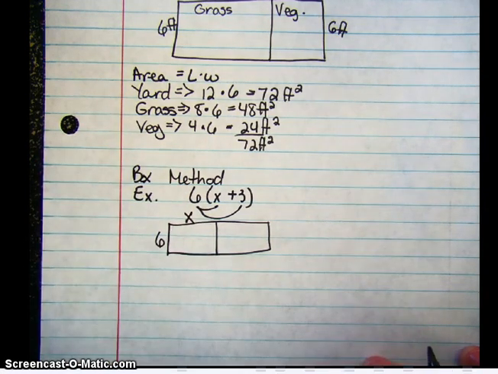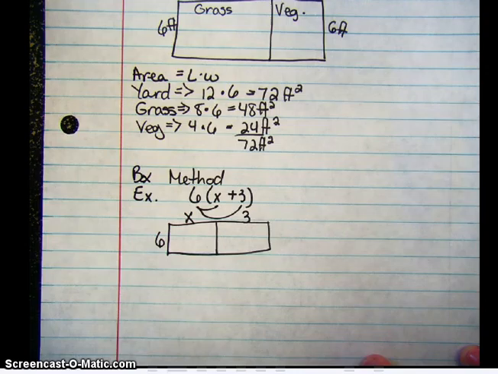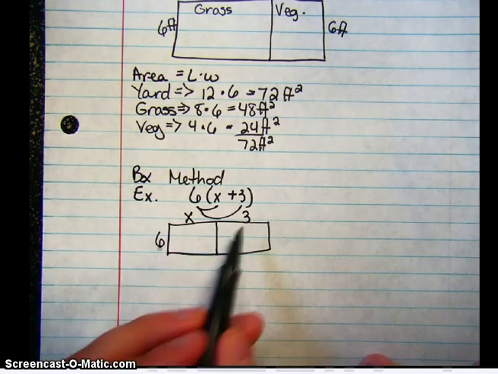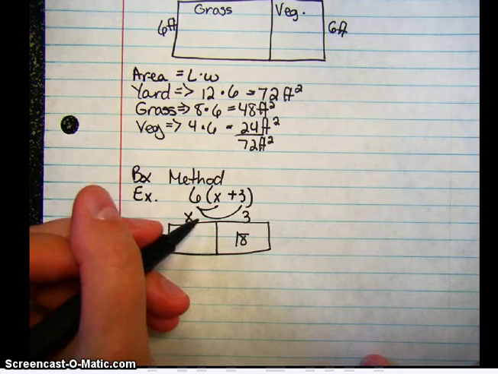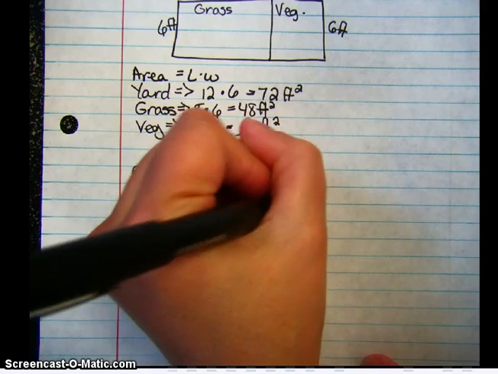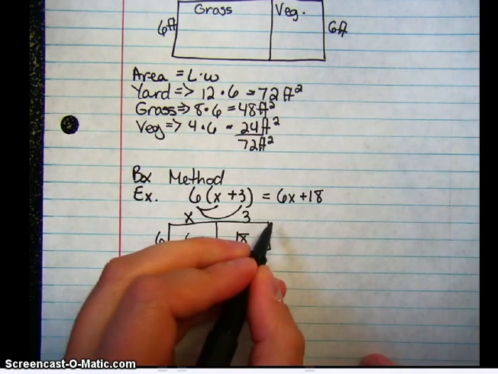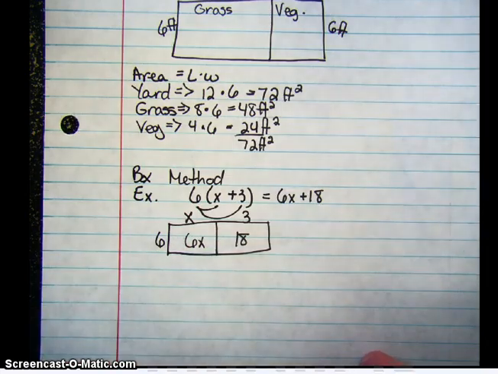We don't really know what that is. But the vegetable for this problem is going to be 3. So now we can look at the area. Well, 6 times 3 is 18. Here, 6 times x is 6x. So then we know that 6 times the quantity x plus 3 is also equal to 6x plus 18. Again, it's about looking at this whole big area or looking at these separate areas put together.